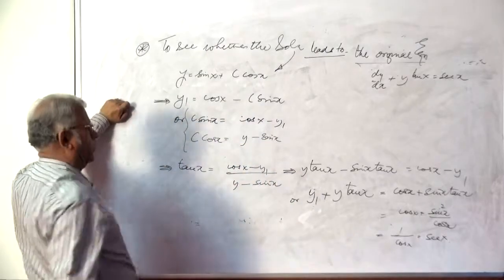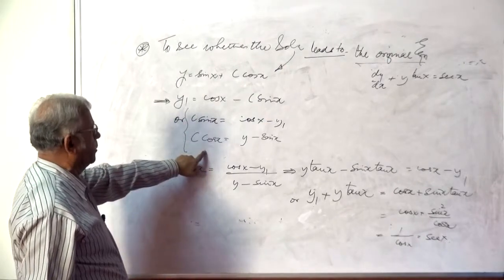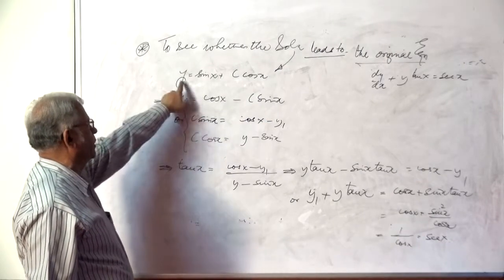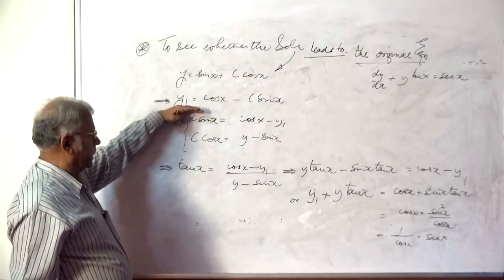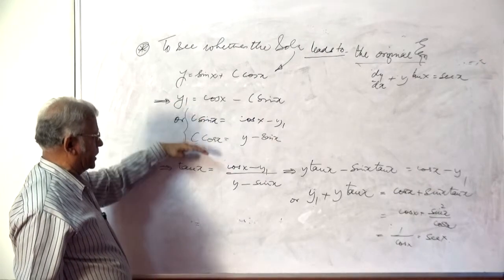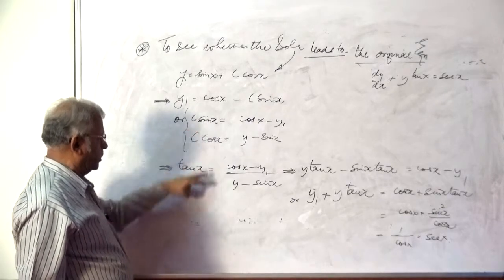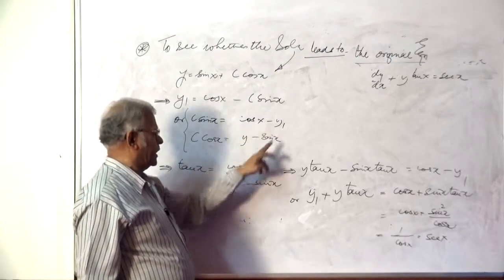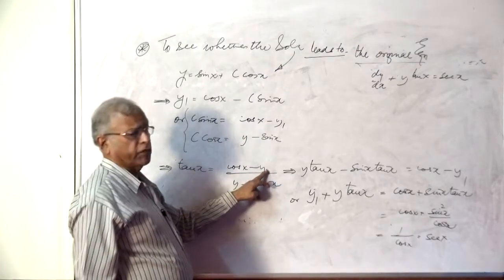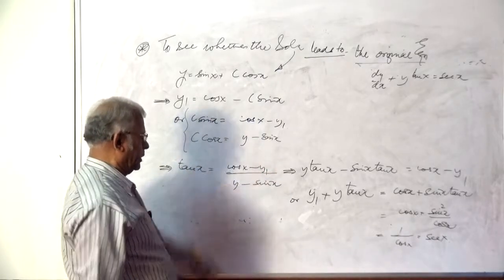These two equations, one is the equation written in a different form, and the other is a derivative of the first equation. If we just divide the first by the second, on the left hand side c and c will cancel, giving us tan x, and on the right hand side we have cos x minus y1, where y1 represents the first derivative, and y minus sin x is the denominator.